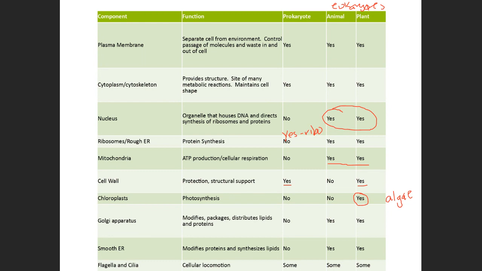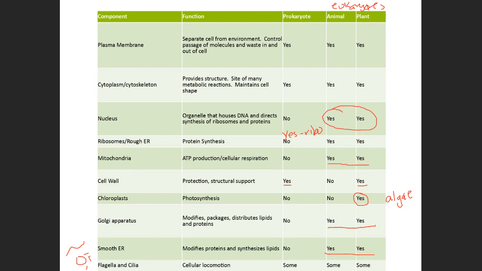The Golgi apparatus, again, only eukaryotes. Smooth ER, only eukaryotes. Flagella and cilia, we looked at those at the very beginning of this chapter, right? Flagella is a tail, and cilia are little hair-like things. Some for everything, we'll say some. For some animals, the only flagella are on sperm.